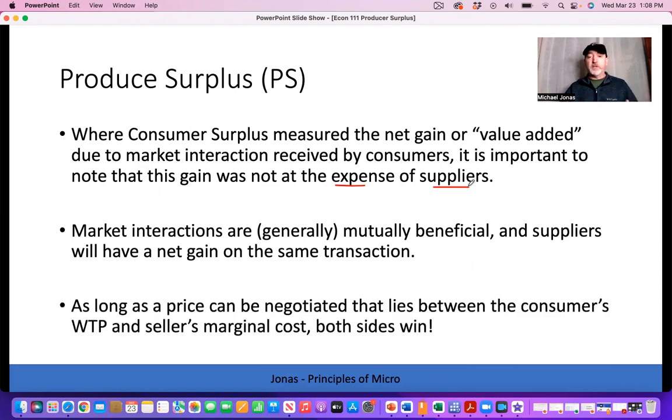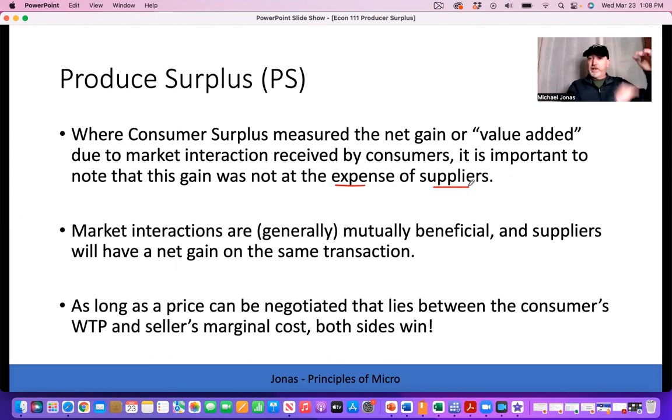So for every transaction, there's going to be a consumer surplus, a net gain to the buyer, and a producer surplus, a net gain to the seller. Right? And the simple idea is, as long as we can have a negotiated price that lies somewhere between the maximum willingness to pay of the consumer and the cost of production, the marginal cost for that unit of the seller, both sides are going to be better off.